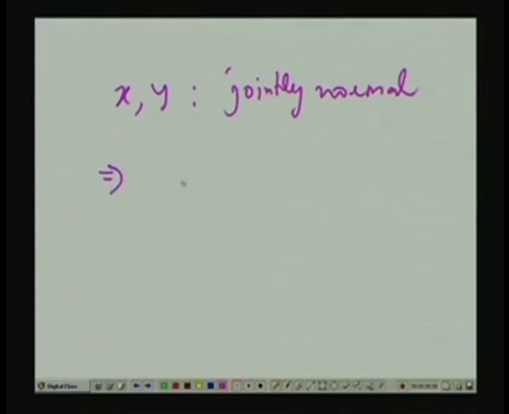So, that means suppose x and y are jointly Gaussian, or sometimes we call jointly normal. Then we know what the probability density is.